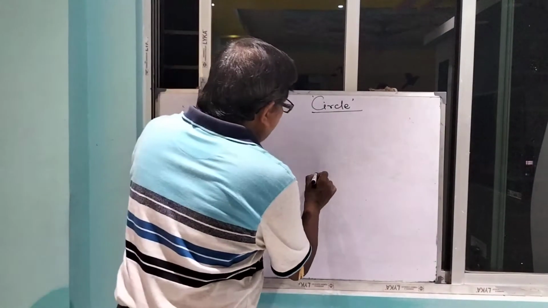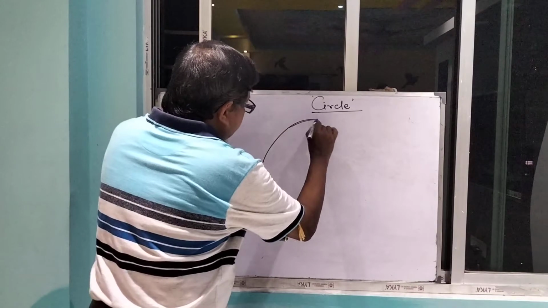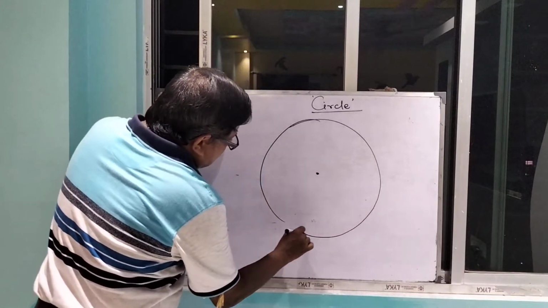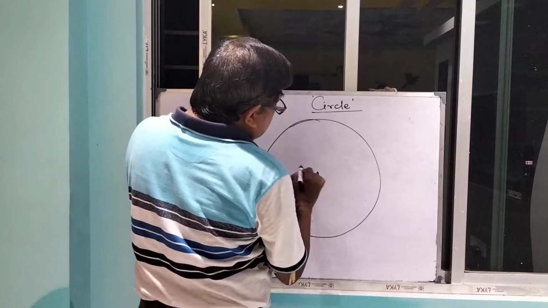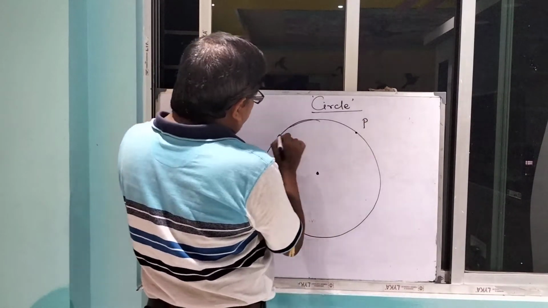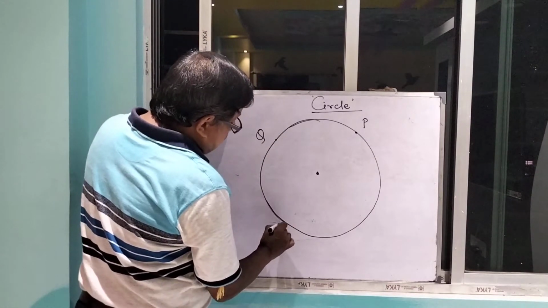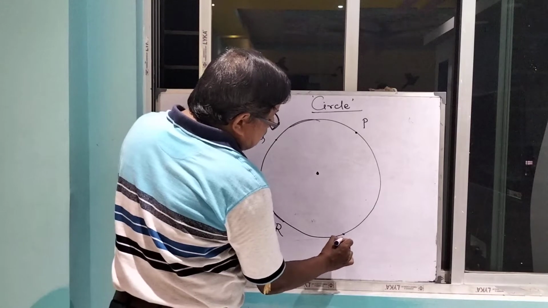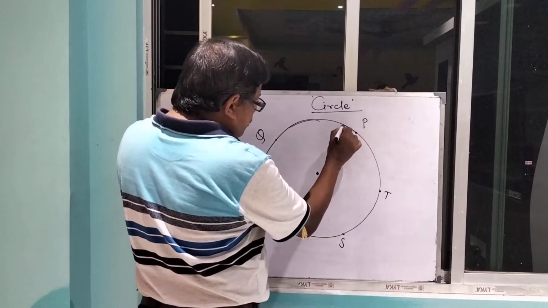See, here the point is moving. Suppose this figure is known as a circle. One point is P, another point is Q, then R, S, and T. Like that the point is moving.